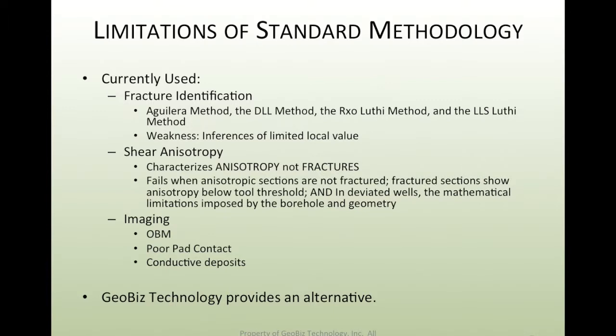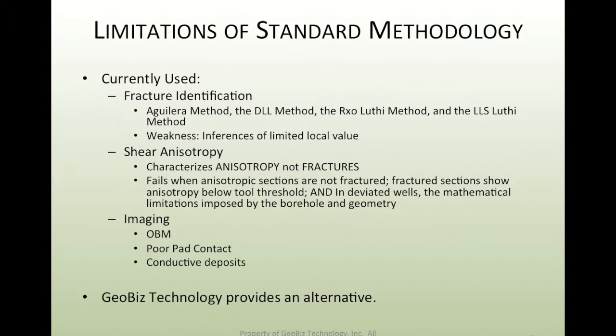Furthermore, you have the times when the fractured sections show anisotropy below the tool threshold, and in deviated wells you also see mathematical limitations that are imposed by the borehole geometry around whether the wavelength necessary to perform the calculations, for instance, is able to be collected.